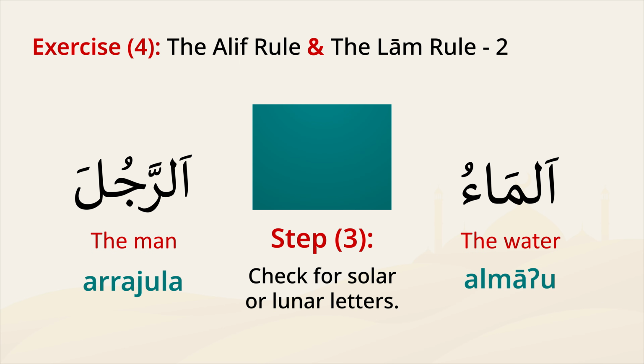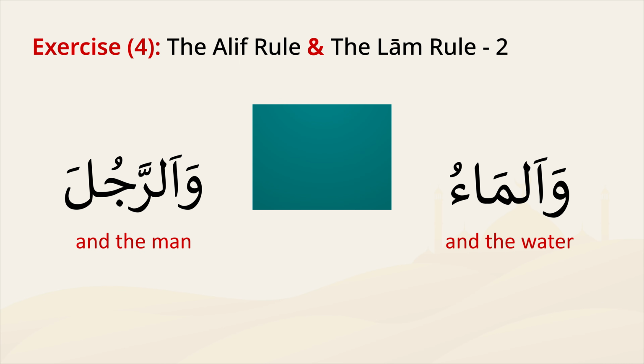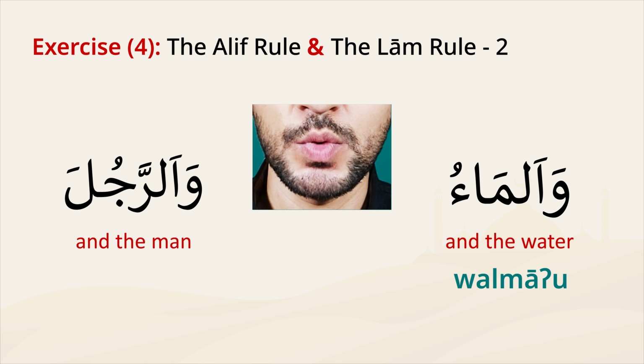الرجل. Let's take the final step and add the conjunction wa. Again, take a moment to predict the pronunciation. Okay, let's do this. The first one will be والماء, where only the hamza of the definite article becomes silent.